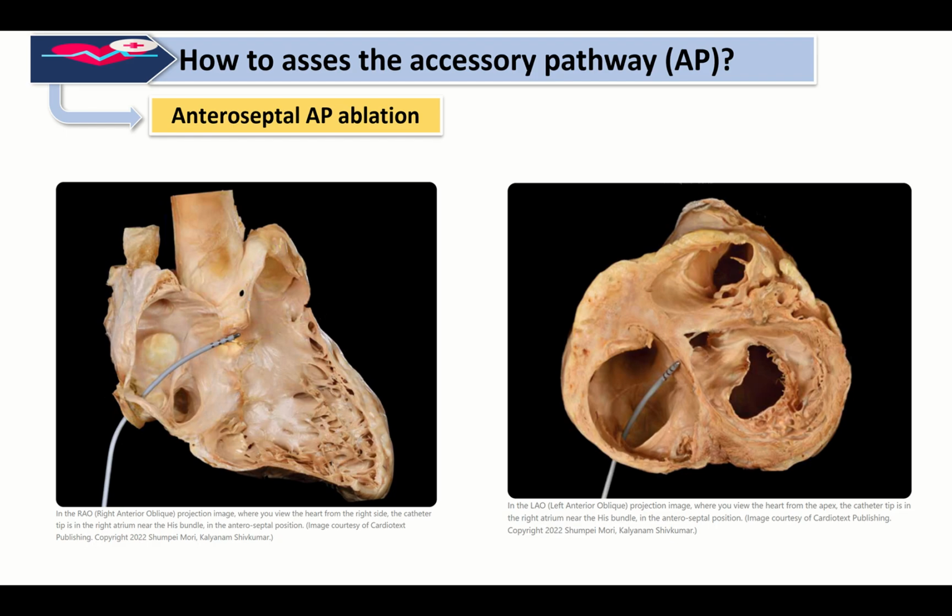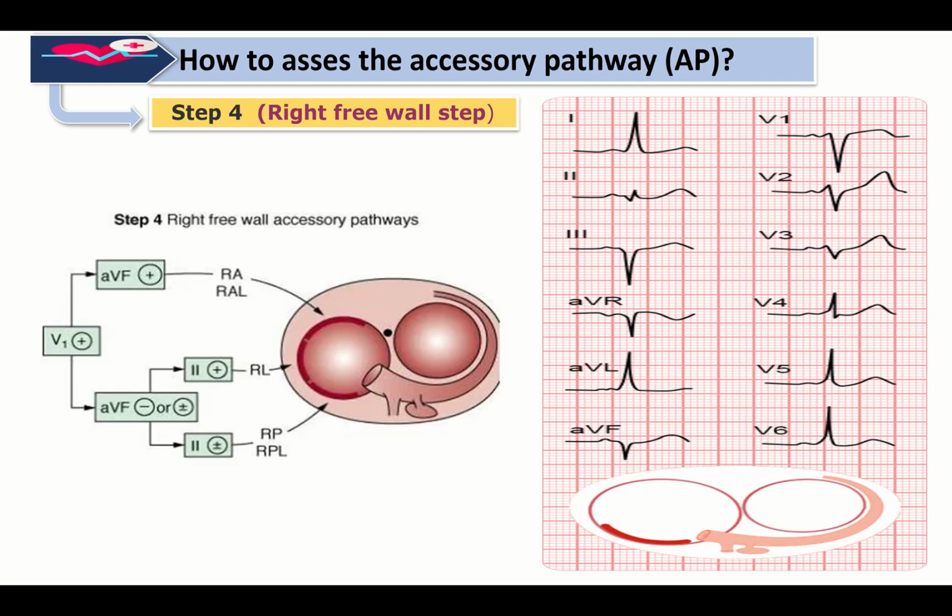And this is an example of anteroseptal accessory pathway. This is the ablation catheter in RAO, LAO. See how close we are to the AV node. Just take care, avoid the His deflection. Be careful and ablate the anteroseptal accessory pathway.